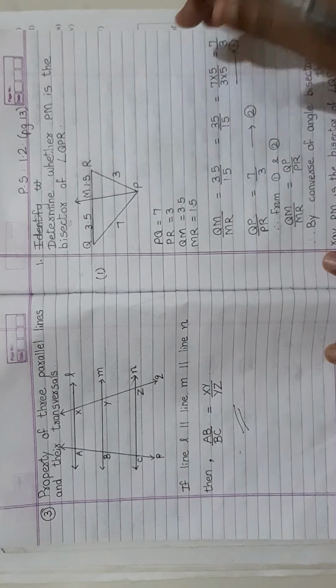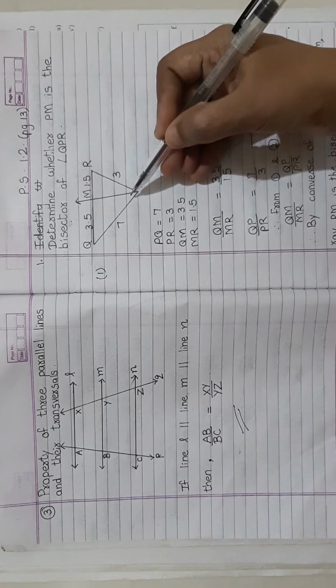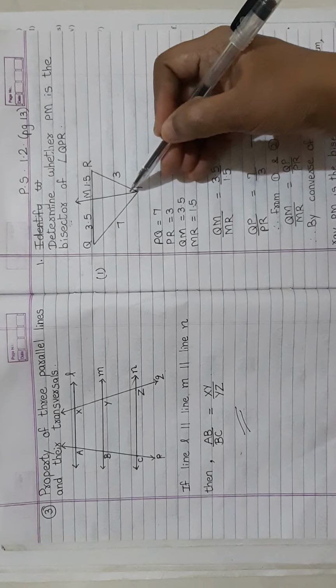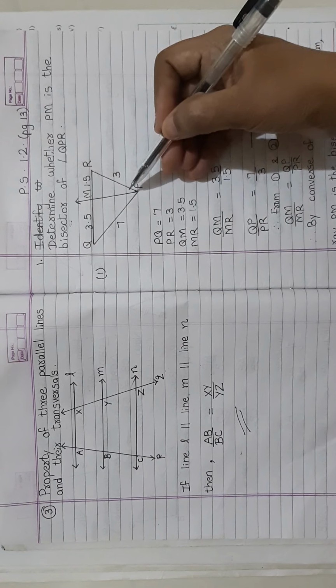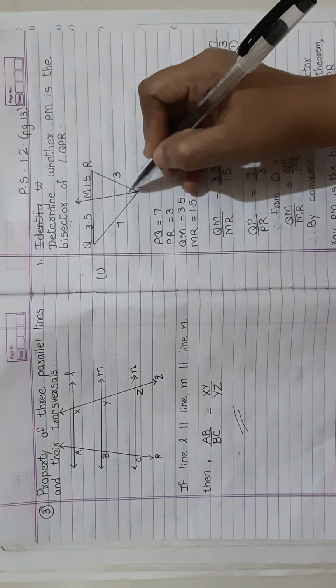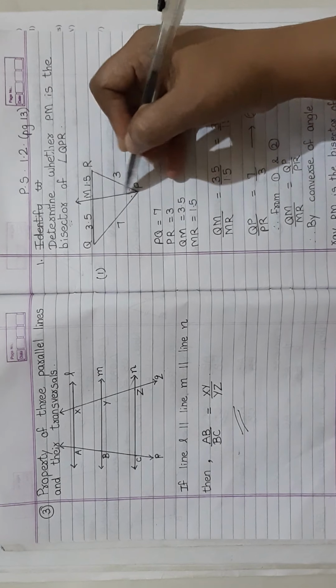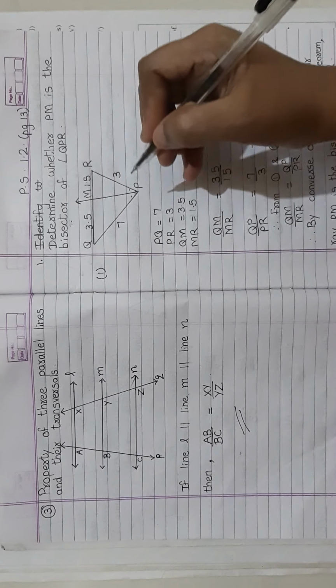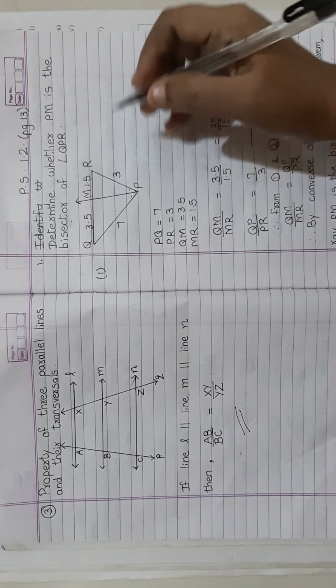How will we try to apply it here? Directly they have not given that this is the bisector. We have to prove it, so we will try to apply the converse. Converse means how? Imagine if this is the bisector. If PM is the bisector, then how will we write our angle bisector theorem?